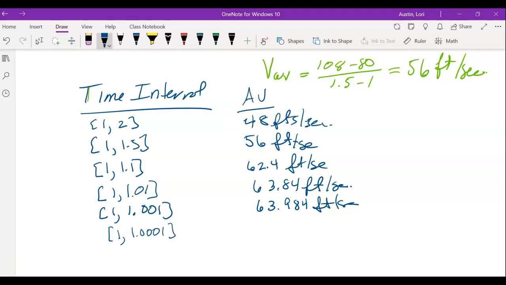So I got closer and closer and closer. And now notice the number isn't changing much. 63.998.